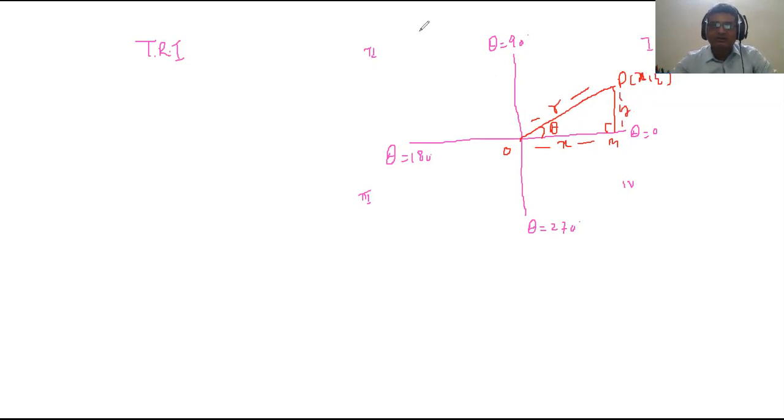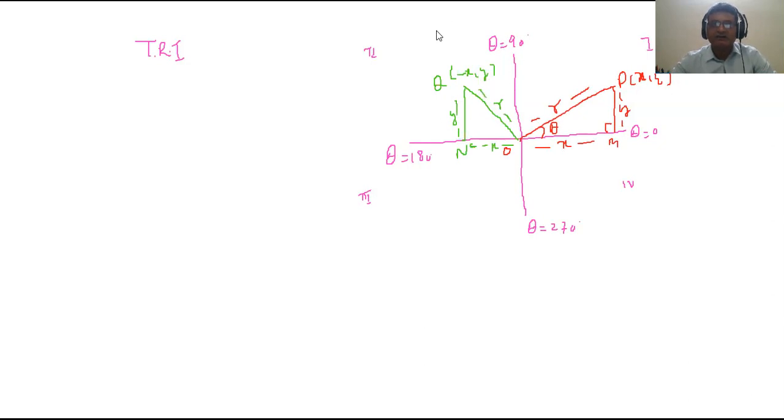Similarly, we are taking a triangle in the second quadrant. For this, let it be n, and this is q. So the coordinate of q we are taking as (-x, y). So this distance is going to be -x, and this distance is going to be y. And of course, we are taking this distance r.